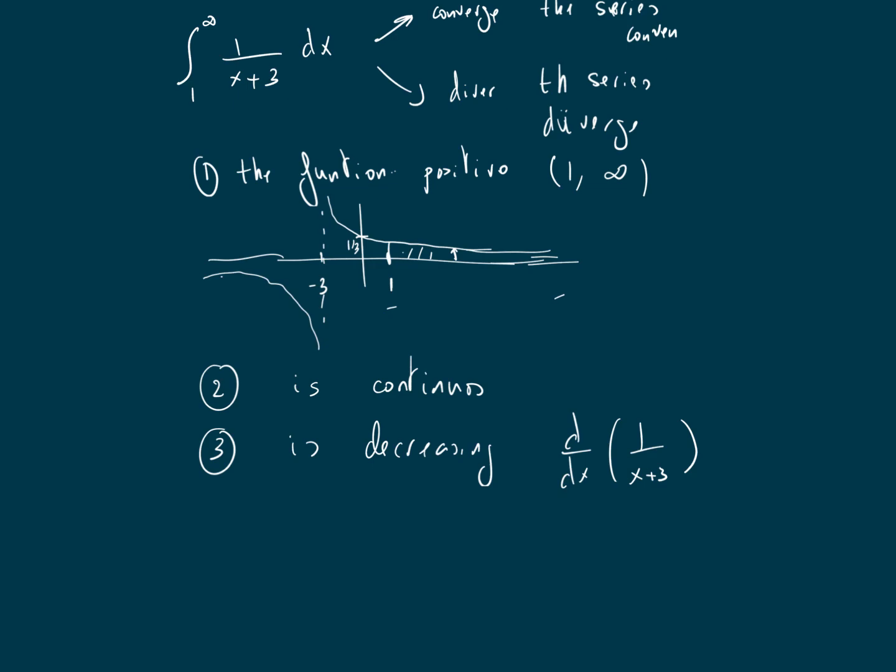The derivative of (x plus 3) to the minus 1 is minus (x plus 3) to the minus 2, or minus 1 divided by (x plus 3) squared. The denominator is always positive, so it's minus something. The derivative is negative, which means that the function is decreasing.